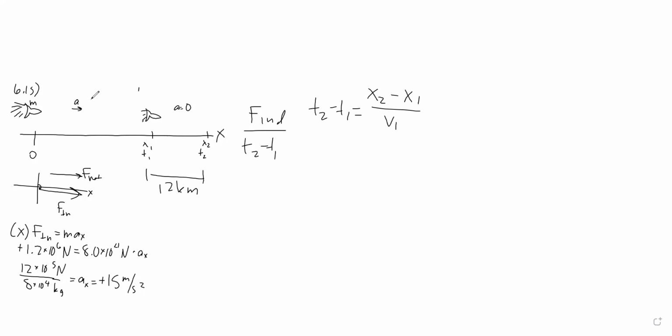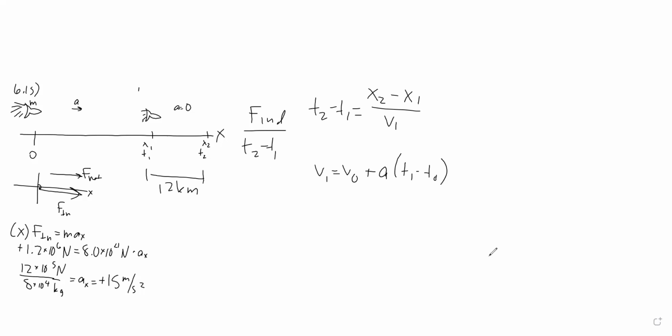So let's work it out. We just need to find V1. Using one of the kinematics equations, V1 will be V0 plus a times T1 minus T0. There's two time intervals to keep straight. This is 20 seconds.